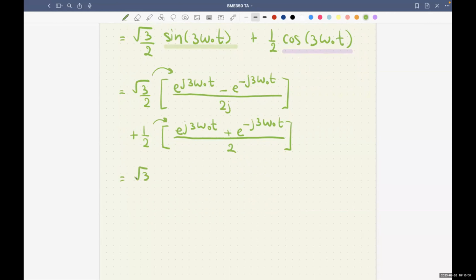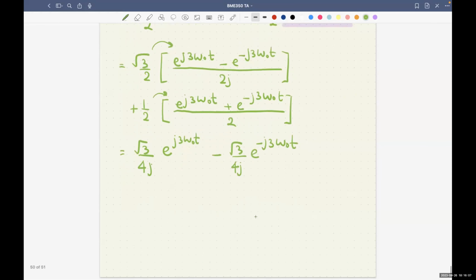So we'll have root 3 over 4j of e to the power of j 3 omega naught t minus also root 3 over 4j of e to the power of negative j 3 omega naught t.